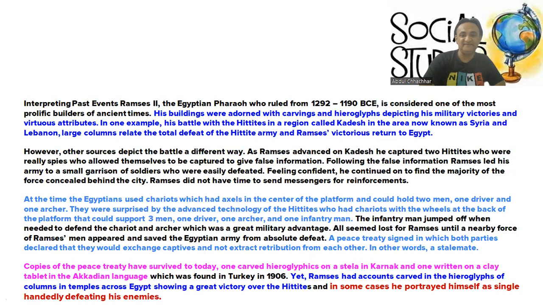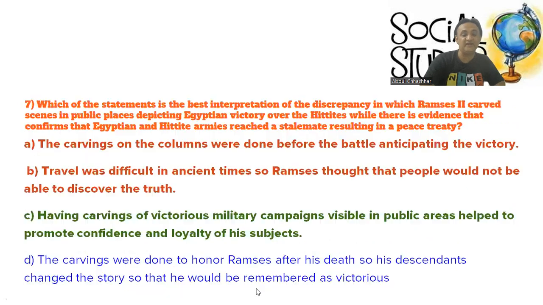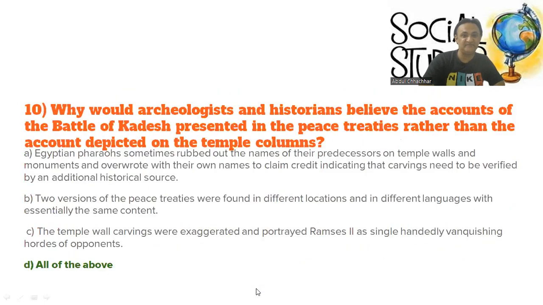Okay, for the first part, Ramesses had accounts carved in hieroglyphs on the columns in the temple and across Egypt, showing a great victory over the Hittites. So this is for the first part, claiming credit. And the third part, for the second part, is the two languages.